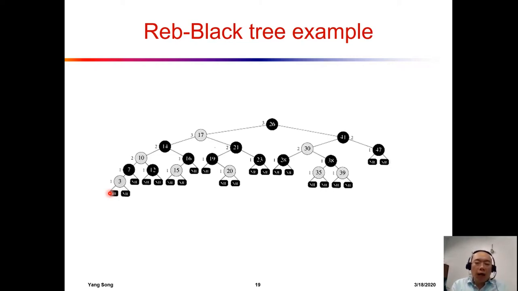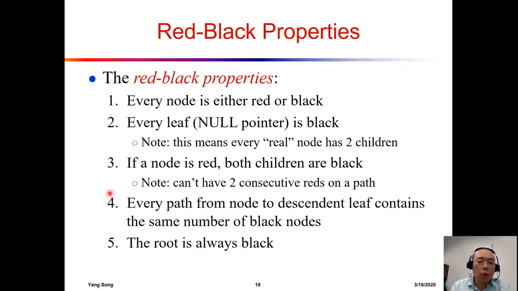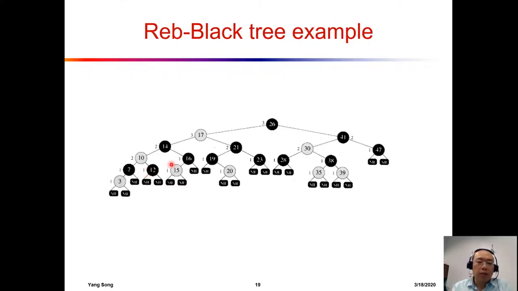Why? Because we cannot have 2 red nodes right next to each other. So we have to come back to the property. The property says if a node is red, then both children are black, right? So this means if we have a red node, then the next node down by 1 step has to be black.